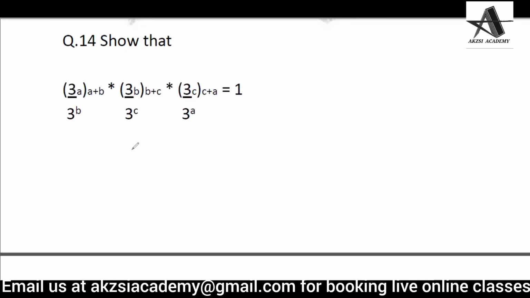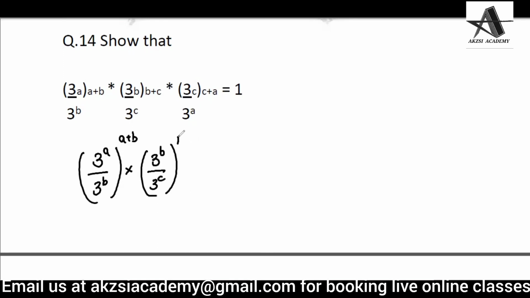Show that (3^a / 3^b) whole to the power of a plus b, multiplied by (3^b / 3^c) whole to the power of b plus c, multiplied by (3^c / 3^a) whole to the power of c plus a, is equal to 1.